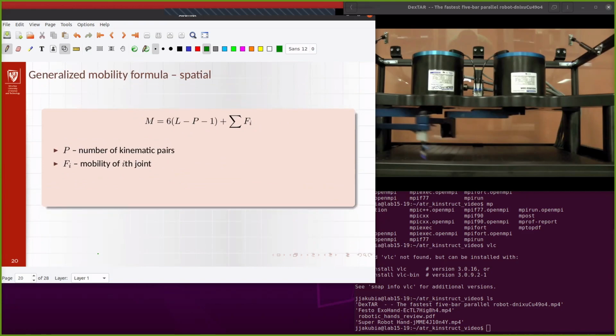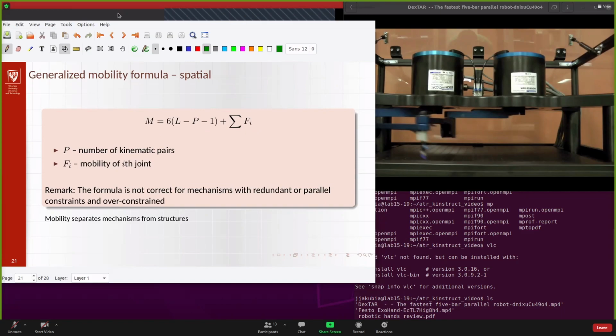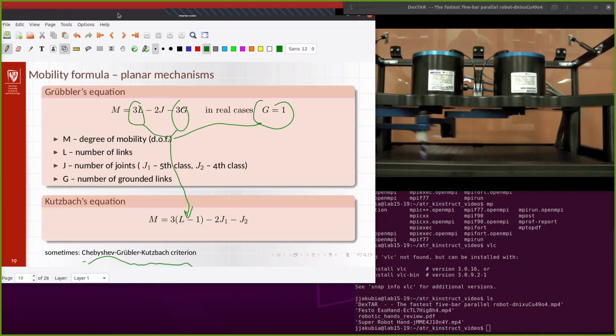Okay, we can also get the so-called general spatial formula, which tries to develop the similar formula for the 3D mechanism. That's why we replace the 3 from here. That was the 3 degrees of freedom that we have in the planar case, the x, y, and theta.